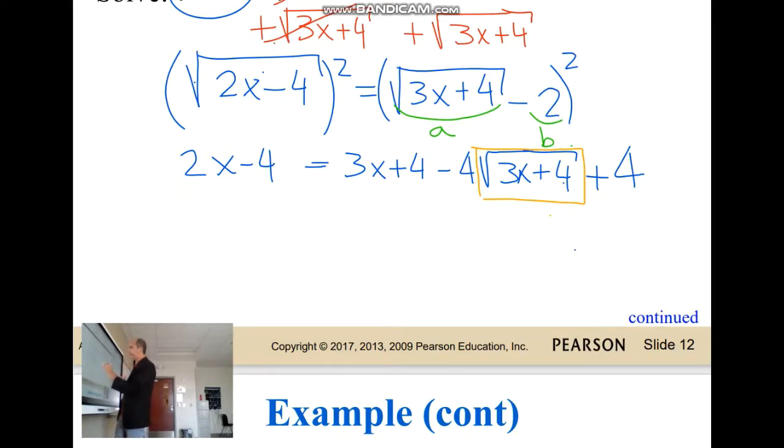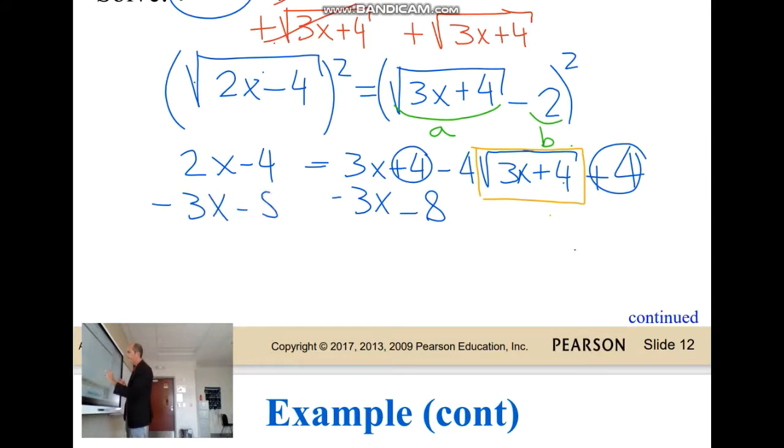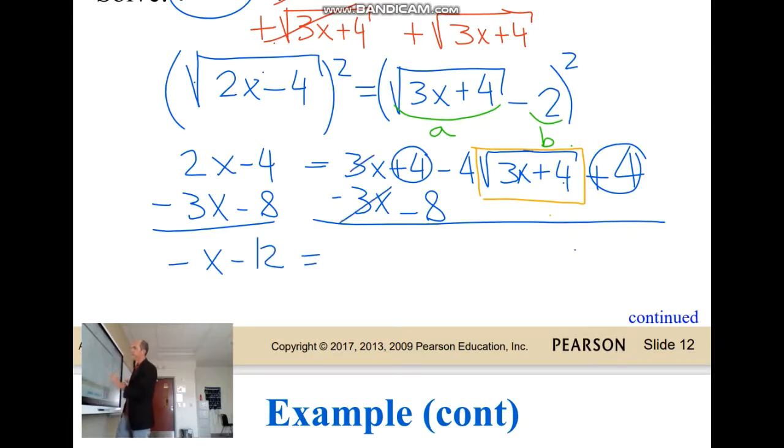So let's move this, negative 3x, and 4 plus 4, 8. Let's move 8, and everything to the left-hand side of the equation. And as a result, addition property, negative x minus 12 equals, and this we simplify, negative 4 square root of 3x plus 4.